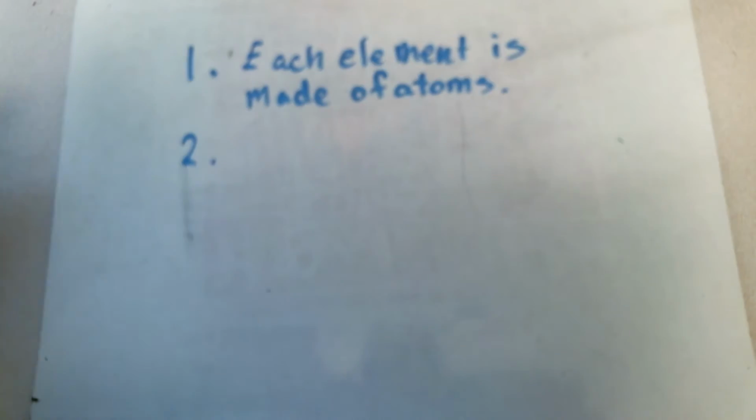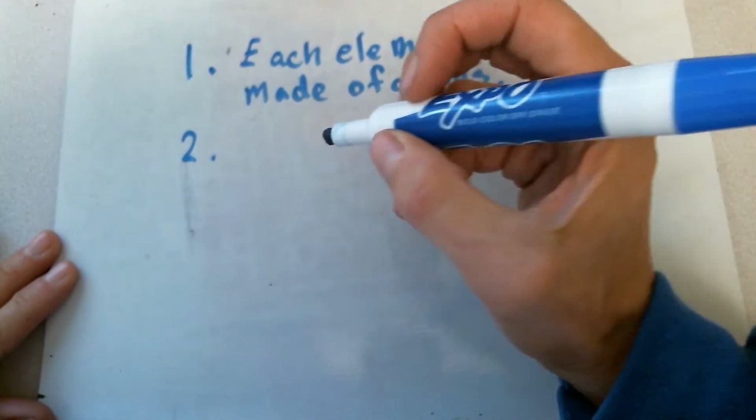is that all atoms of a given element have the same mass and properties that make it different from atoms of different elements.